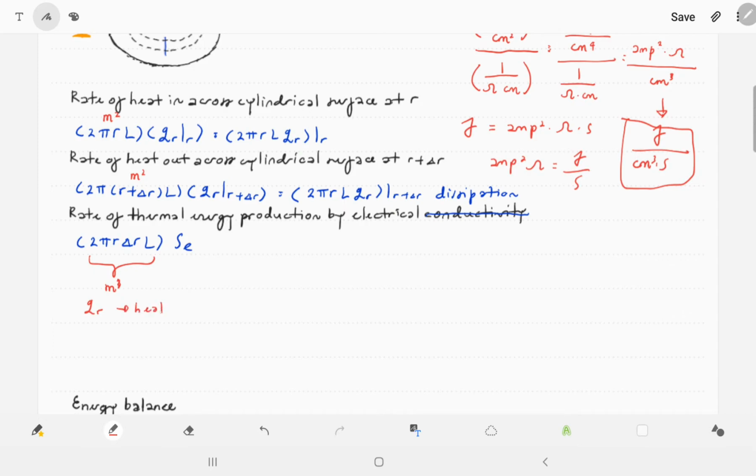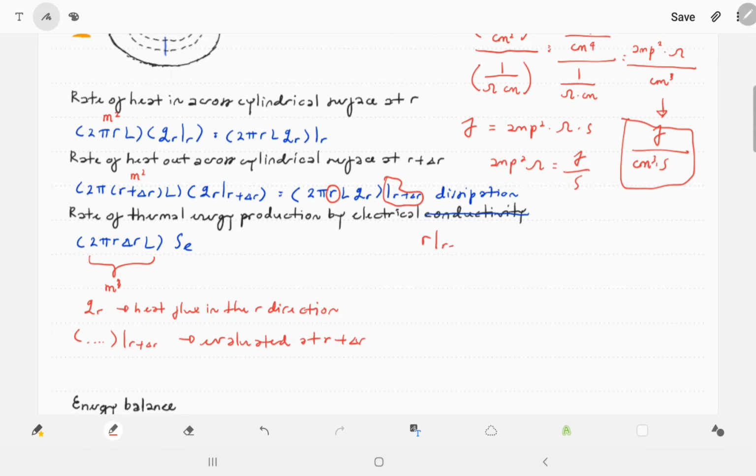A note we can make here is that q_r is the heat flux in the r direction. If we put a bracket and write r plus delta r, that means this quantity is evaluated at r plus delta r.